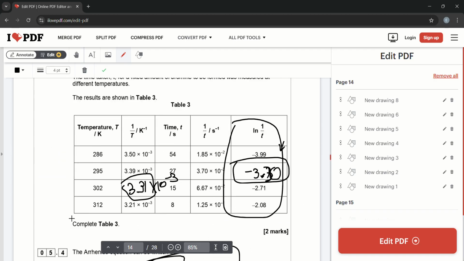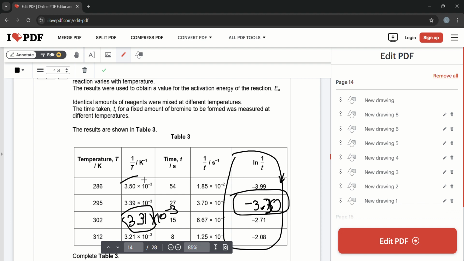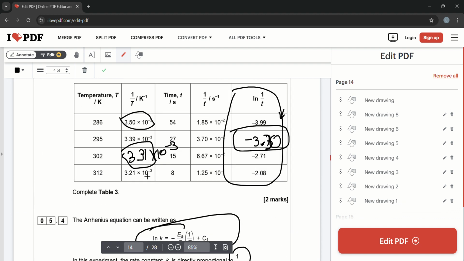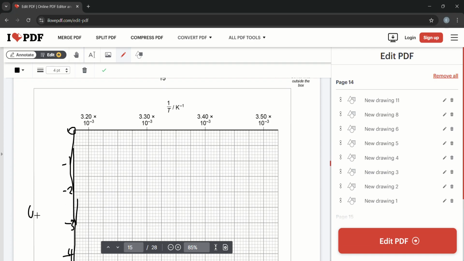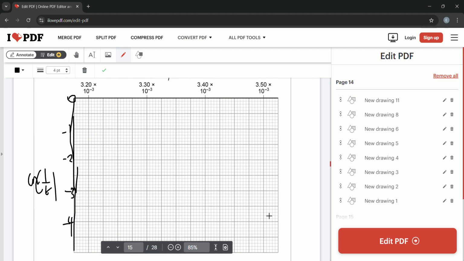We know when 1 over capital T is 3.5 times 10 to the power minus 3, ln 1 over t is minus 3.99, which is like here.